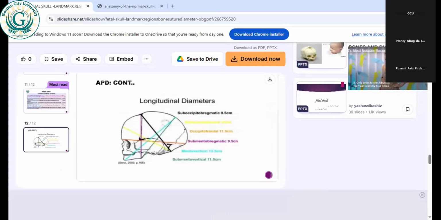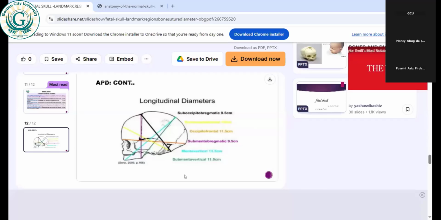But with the transverse diameters, we have only 2: the bitemporal diameter and the biparietal diameter. So we are picking the biparietal diameter, and this measures 9.5 centimeters, the diameter between the 2 parietal eminences. Bi means 2, so with this one you are going from one parietal bone to the other.